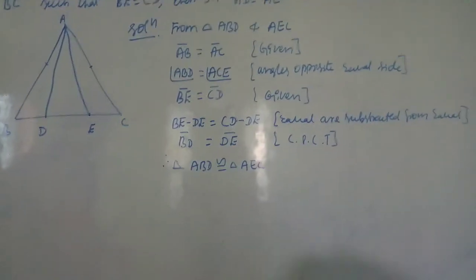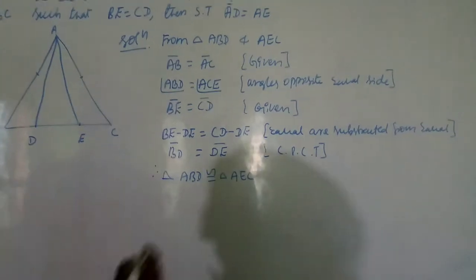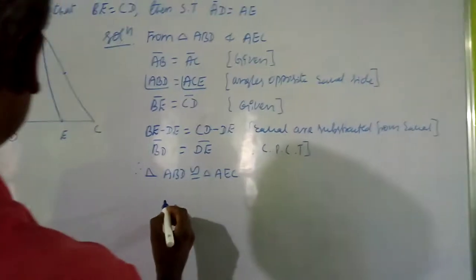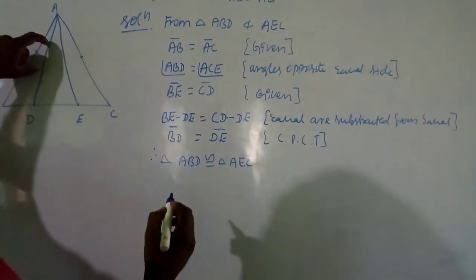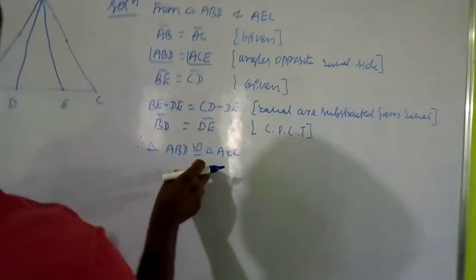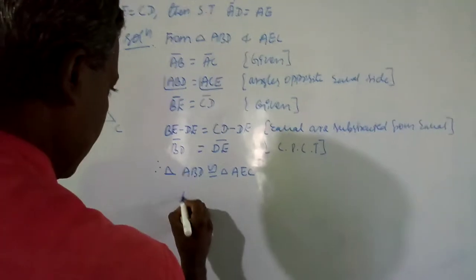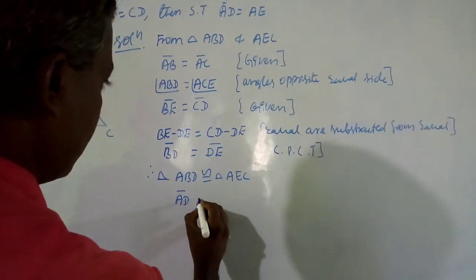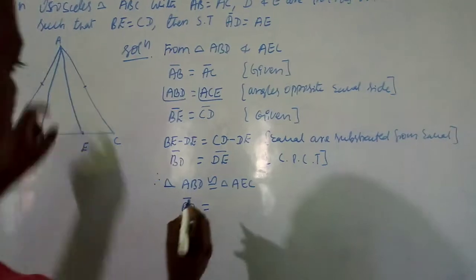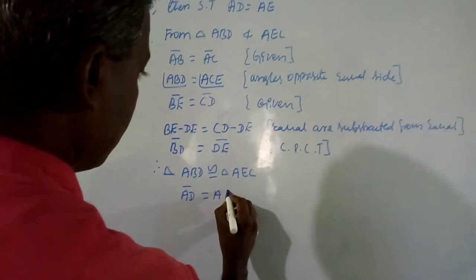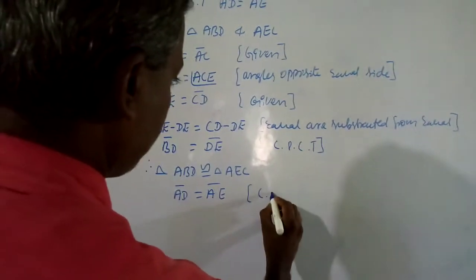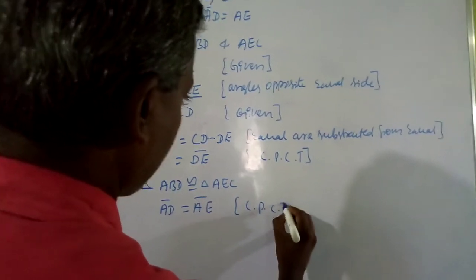Okay, so now here you can take these two, this is AD. If these two triangles are congruent, then side AD is equal to side AE. Okay, so these two are CPCT, it means corresponding parts of congruent triangles.